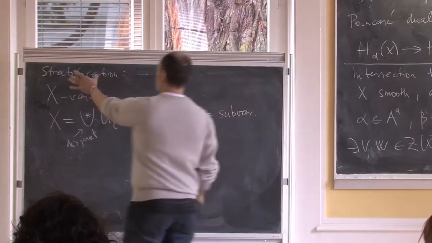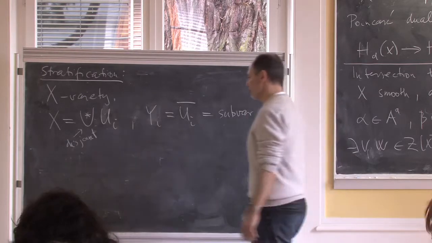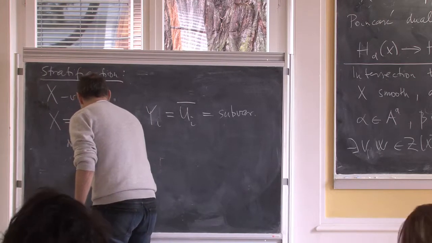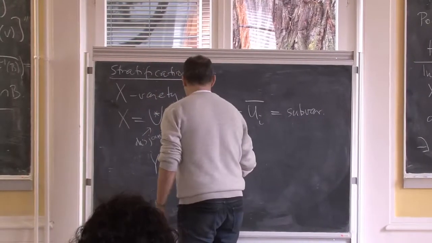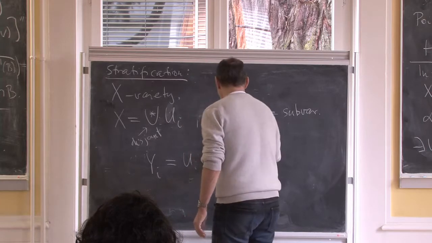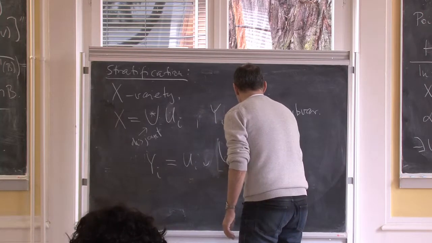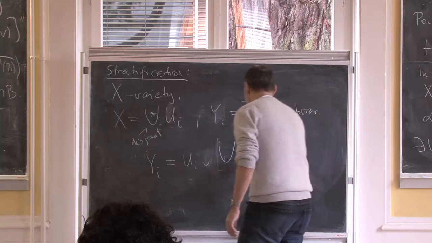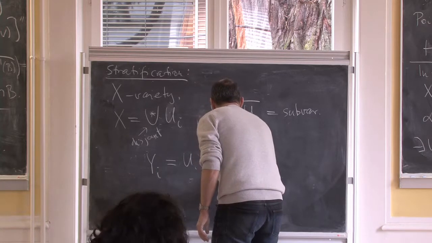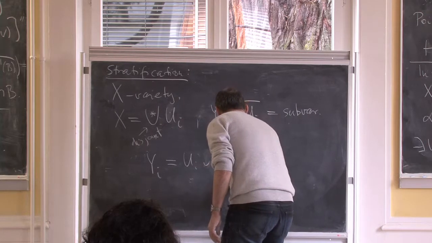And so the stratification condition, which of course you can do in many ways, you just chop it up into different pieces, is the following: maybe I'll do it in this fashion, that Y_i is equal to U_i plus the union of the Y_j such that Y_j is in Y_i but is not equal to it.